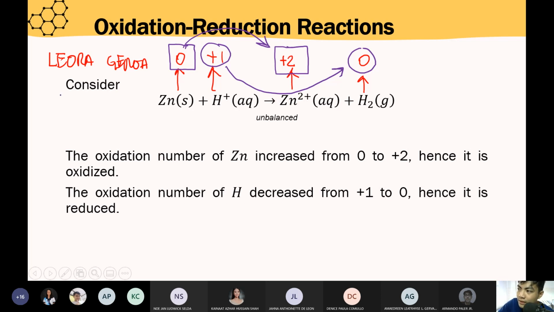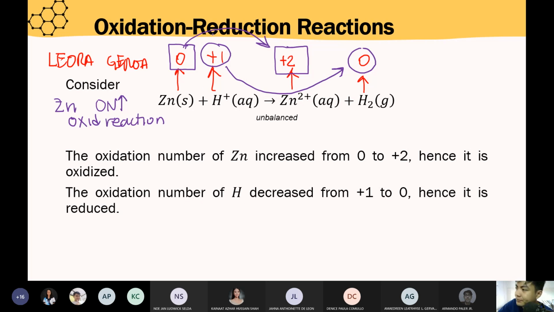So, masasabi natin that for zinc, ano nangyari sa oxidation number? The oxidation number increased from 0 to positive 2. Tumaas yun. So, since it increased in terms of the oxidation number, that means zinc underwent oxidation reaction. Diba yan yung sinabi ko kanina? Pag tumaas yung oxidation number, oxidation reaction yung in-undergo niya.